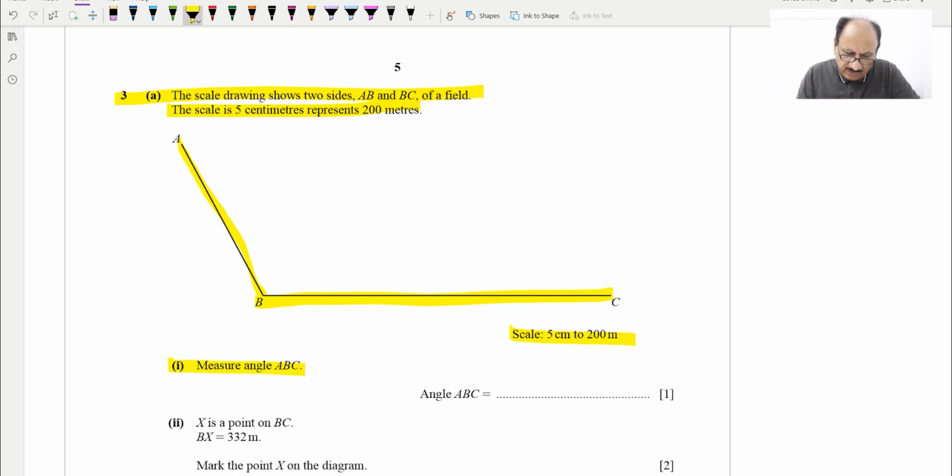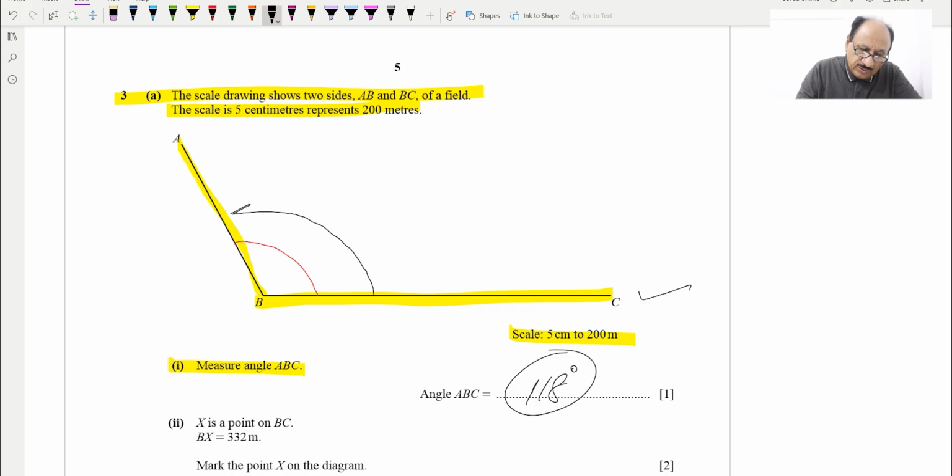We need to measure this angle ABC. If you use your protractor, this will be your zero line, and you can measure from here till this one, and it will be 118 degrees.